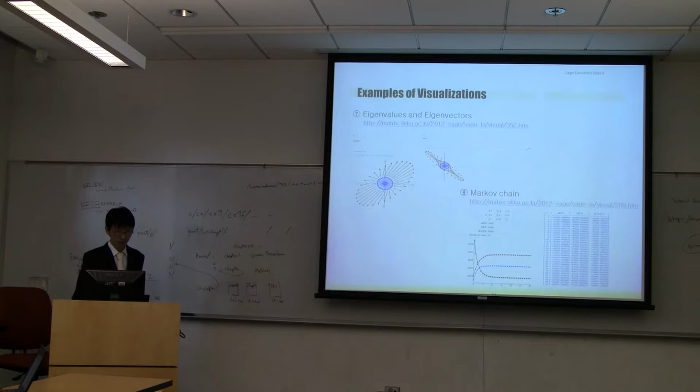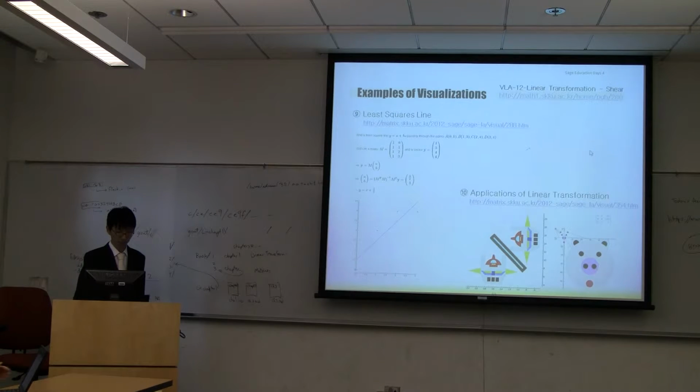And this figure shows a Markov chain with some data table. And this figure shows a least squares line for given 4 points. Finally, this figure shows various applications of linear transformation.